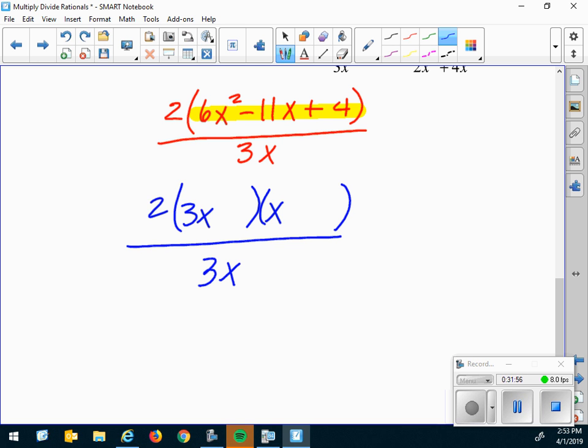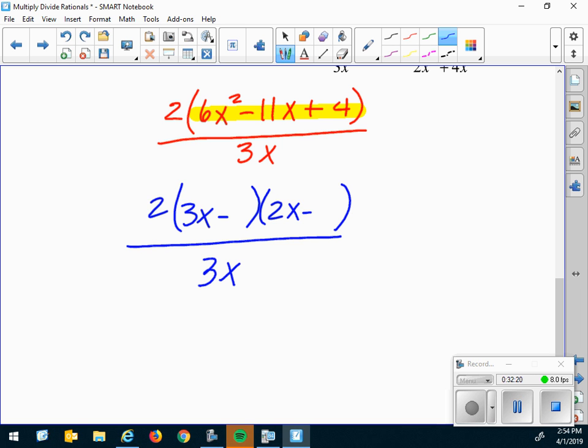Got it. Is it not 3x, 2x? Now, how can I factor 4? 2 and 2 or 4 and 1?